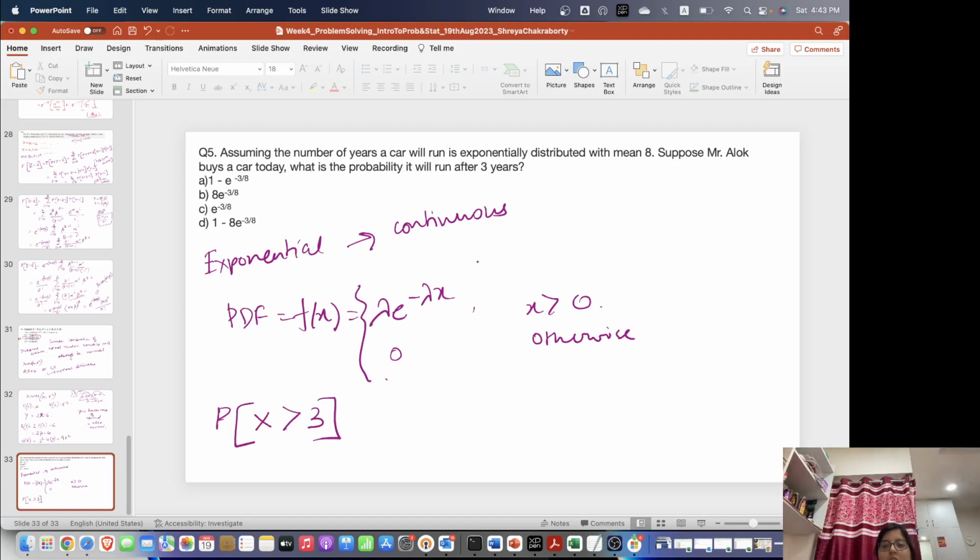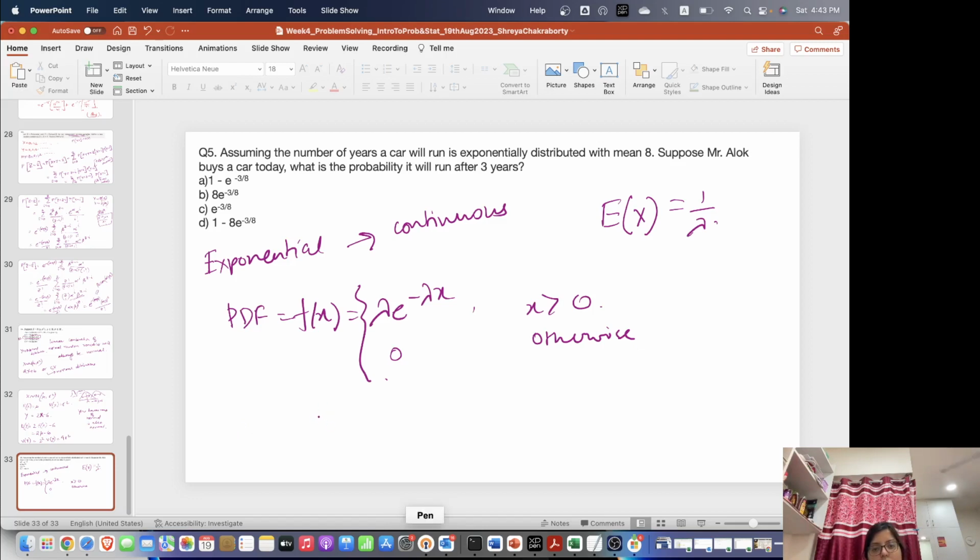Okay, what is the expectation of an exponential variable of this format? It is 1 by lambda. You can easily derive this if we want.